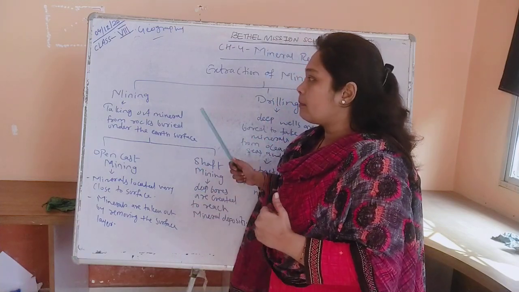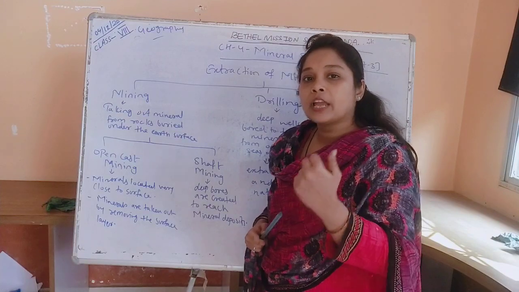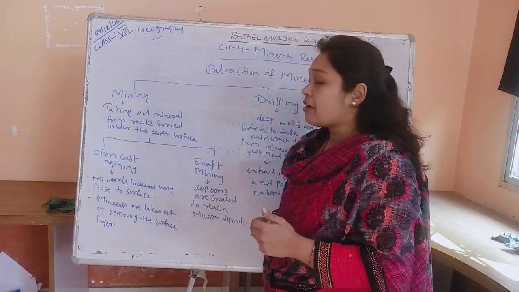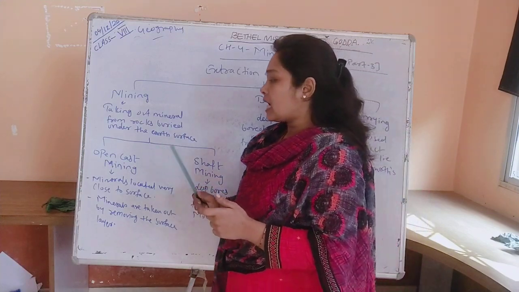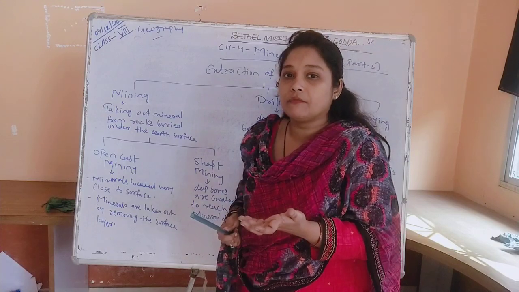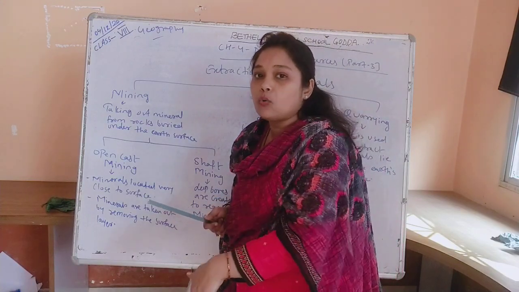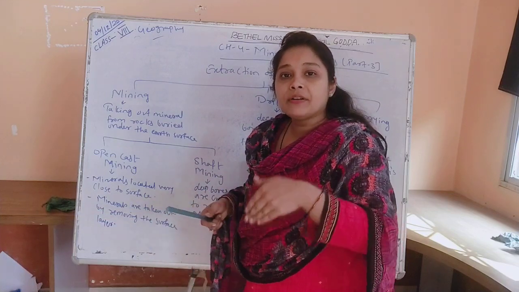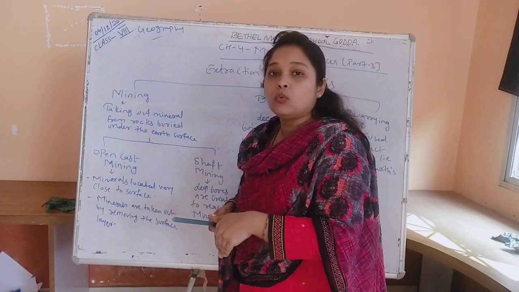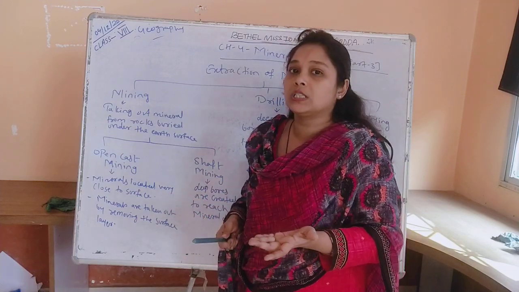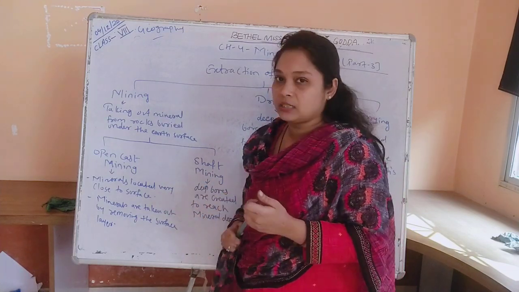Mining can be of two different types, open cast mining and shaft mining. What is open cast mining? When minerals are located very close to the earth's surface, not deep down, in a rocky land, then we can use open cast mining.